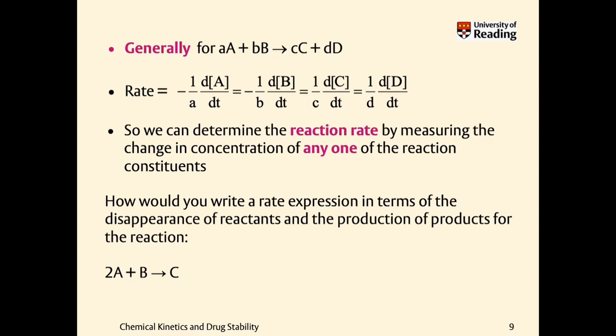How would you write a rate expression in terms of the disappearance of reactants and the formation of products for the reaction where you have two A molecules plus one B molecule going on to form the product C? I'd like you to pause this video and write what you think the rate expression would be, using that general formula at the top there for this particular reaction.